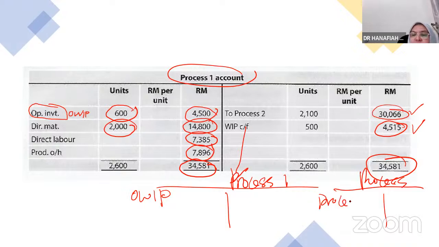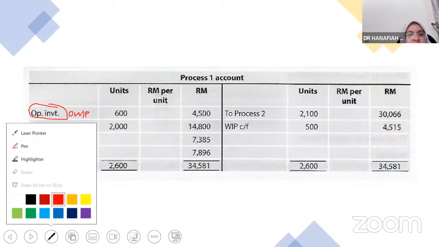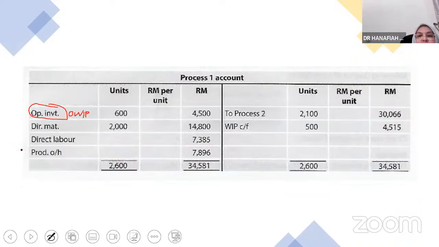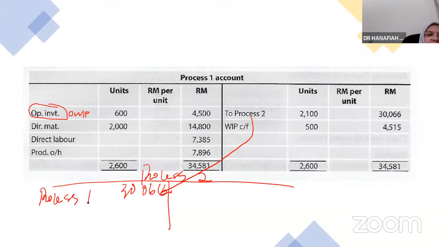Let's see, this is your process 2. You transfer it here, 30066. This is your process 1.